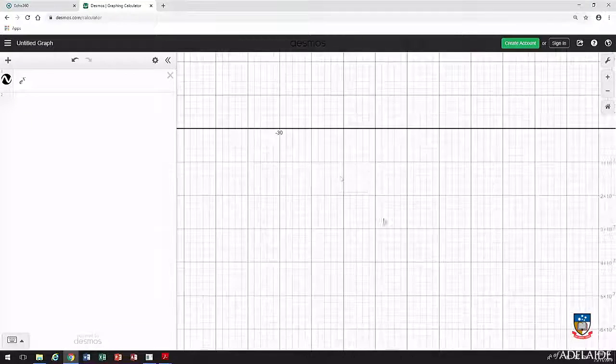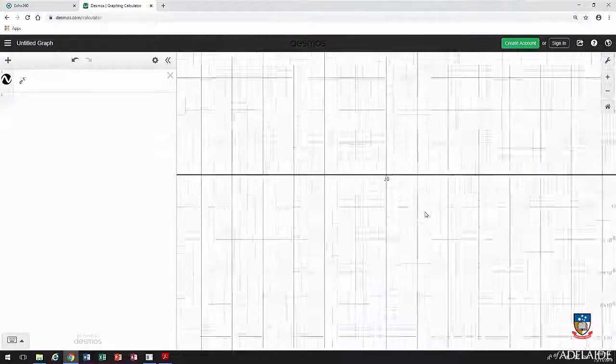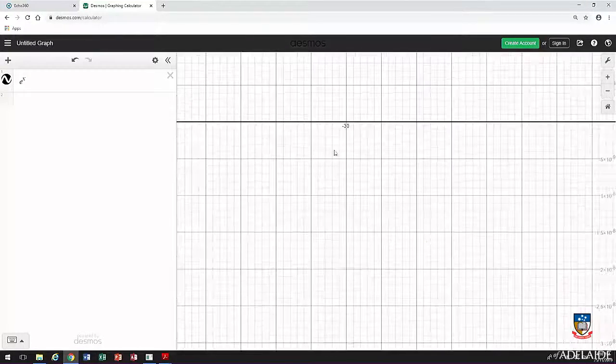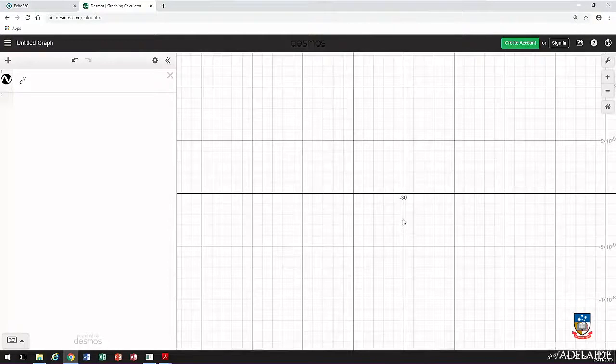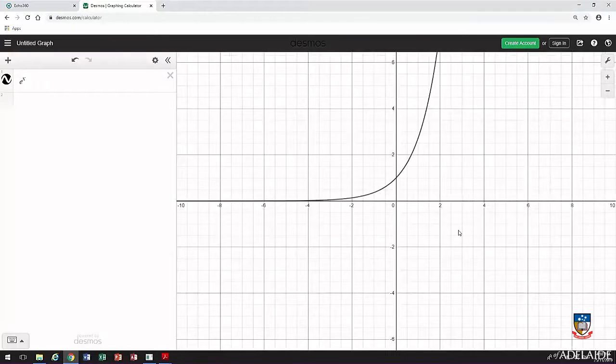I'm not being very convincing here, because that's as far as I can zoom in. Desmos gets very small very quickly, but it's never equal to 0. And so I'm allowed to use the fact that it's never equal to 0 in order to calculate this.